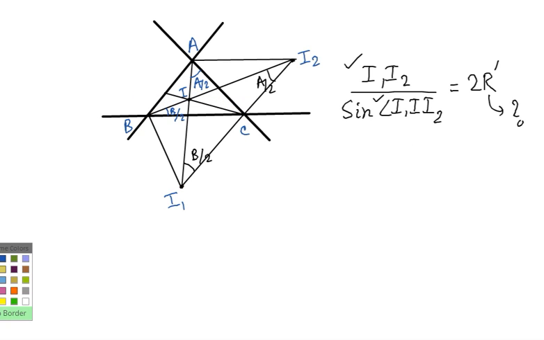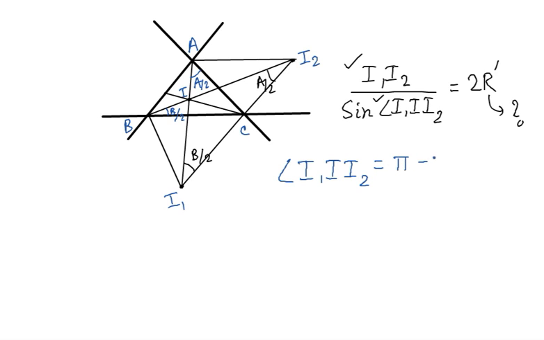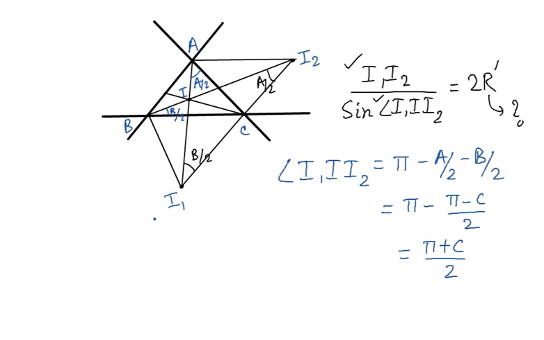Now we can easily crack the angle I1 I I2, which will be nothing but pi minus A by 2 minus B by 2. So that is pi minus (A plus B) by 2, and because A plus B is pi minus C, it will come out to be pi by 2 plus C by 2. So you have got the value of this particular angle.